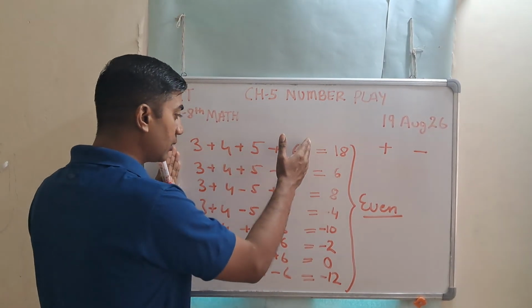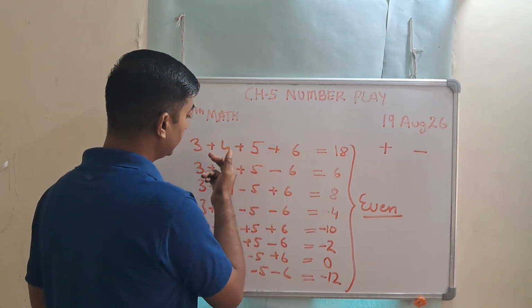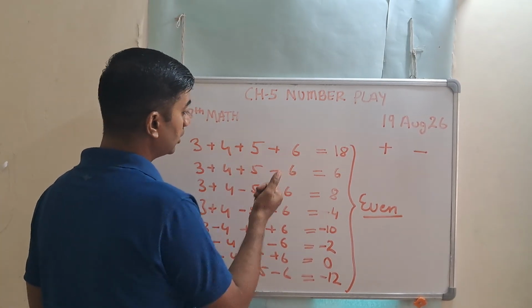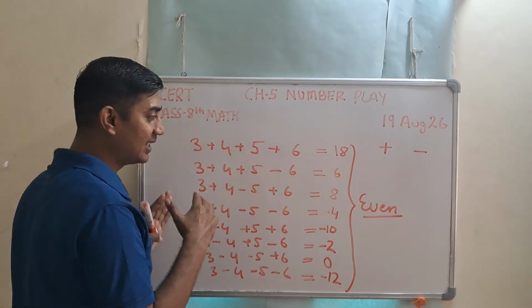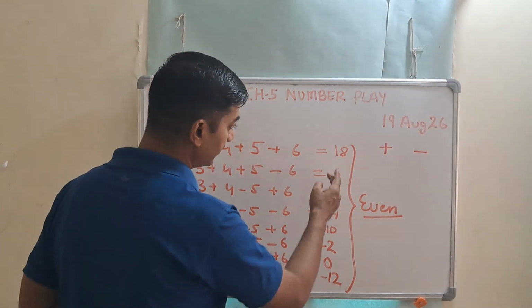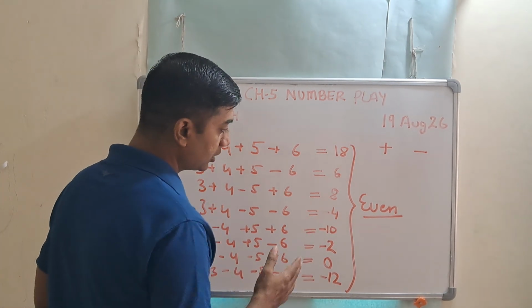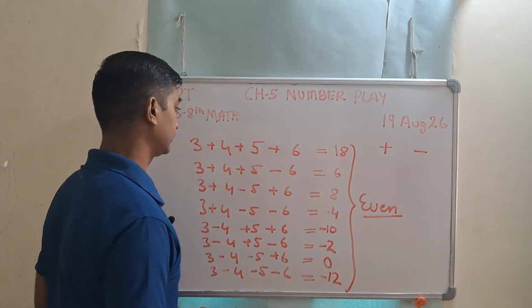We have taken these numbers 3, 4, 5, 6, and you can take any different numbers for your trial, whether the numbers are negative or positive, and you will find that the result will be even.